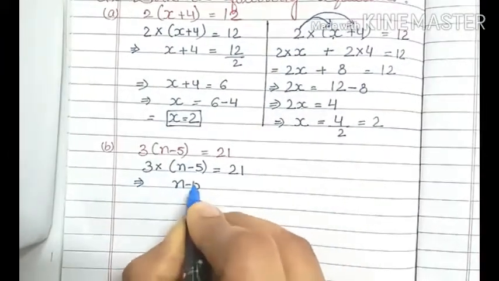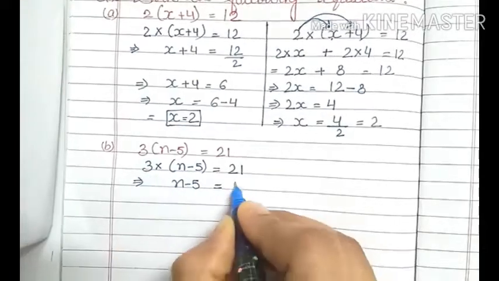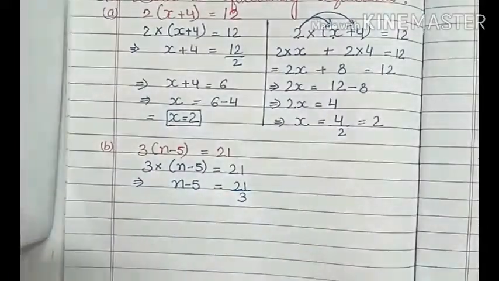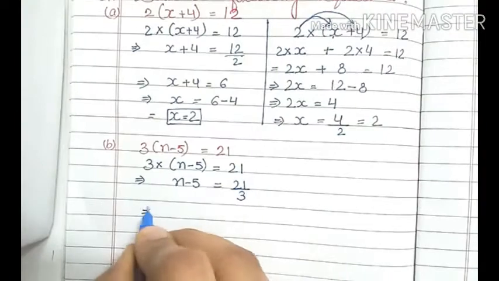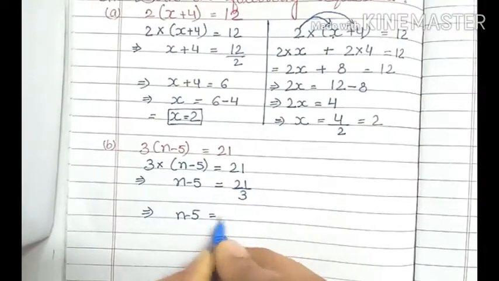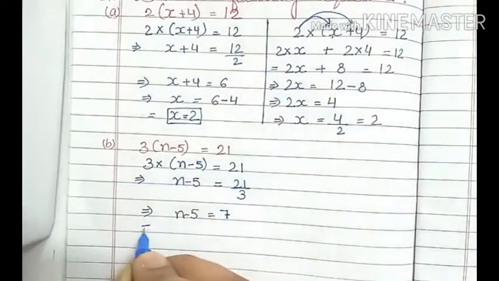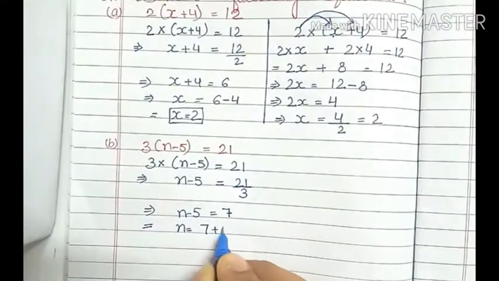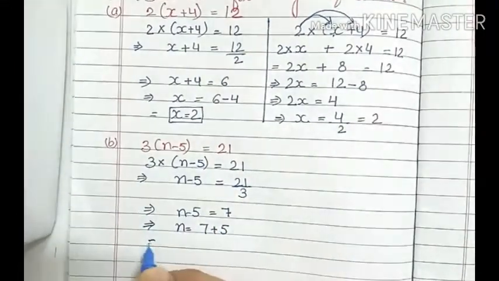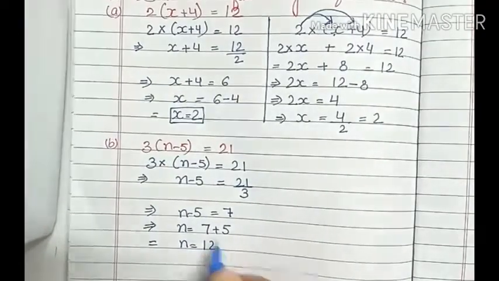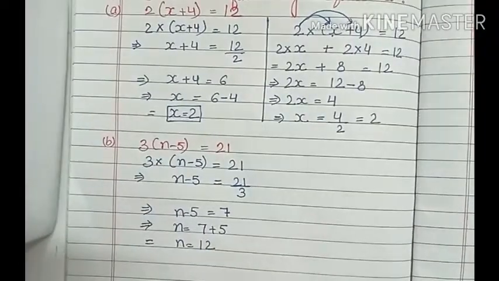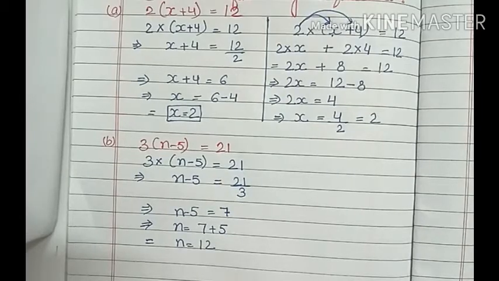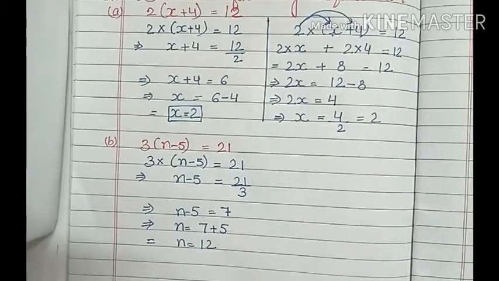Here we will transpose 3 to the right hand side and it will come 21 upon 3. So n minus 5 is equal to 7. Now we will transpose 5 to the right hand side and it will come 7 plus 5, n is equal to 12. I hope you have understood this part also.